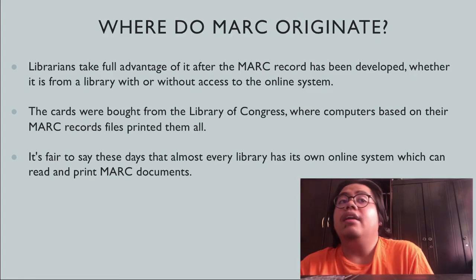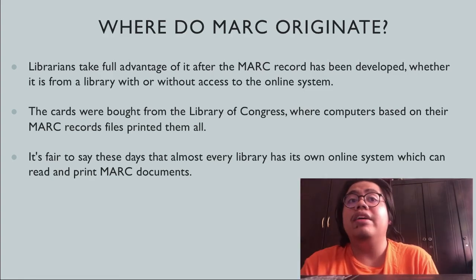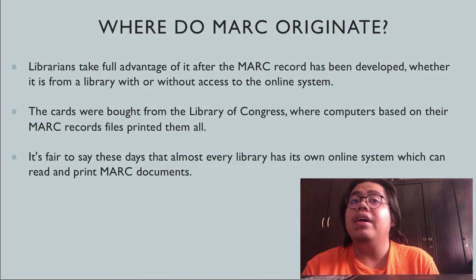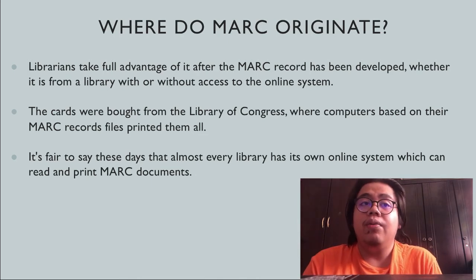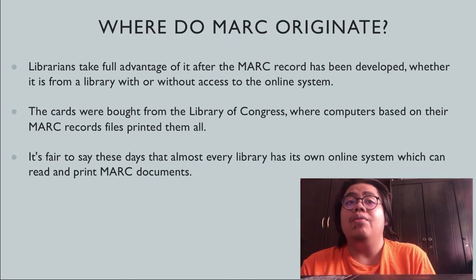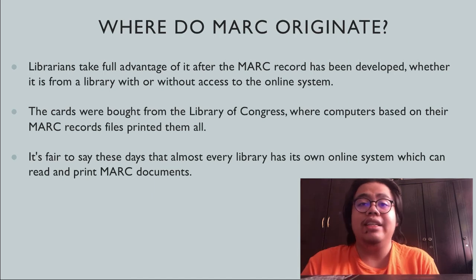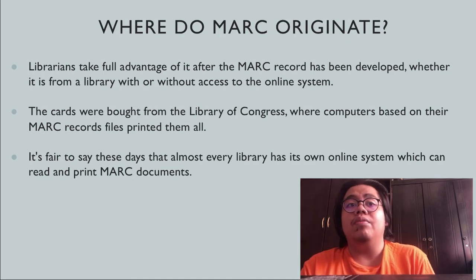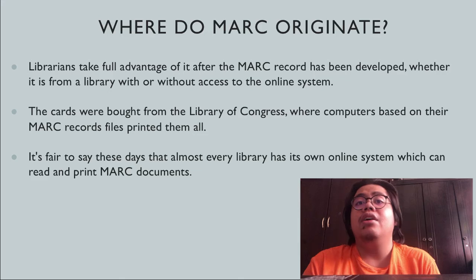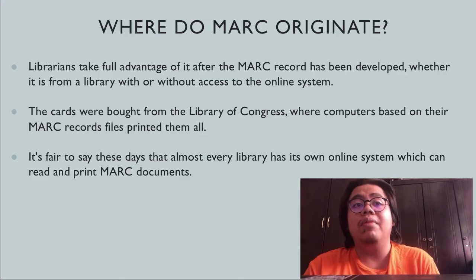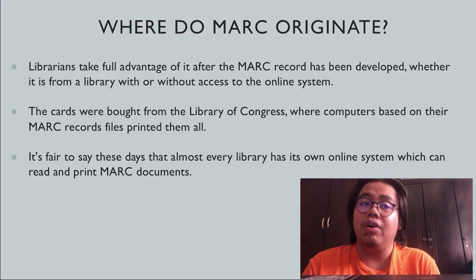Other than that, librarians took full advantage of it after the MARC record had been developed, whether from a library with or without access to the online system. The cards were bought from the Library of Congress, where computers based on their MARC record files printed them all.